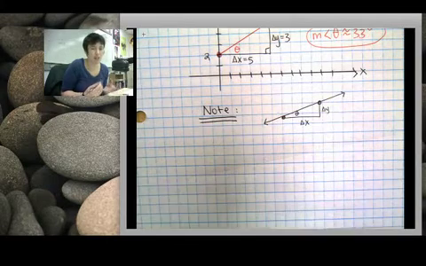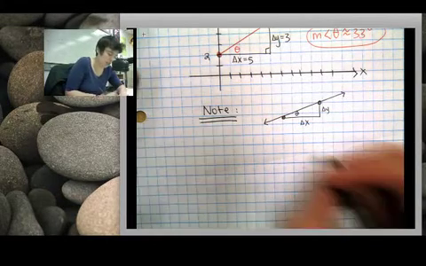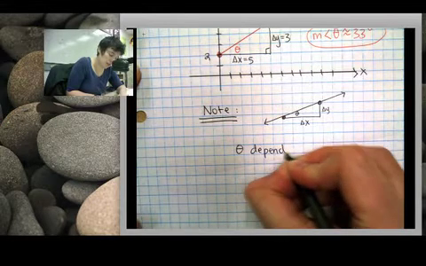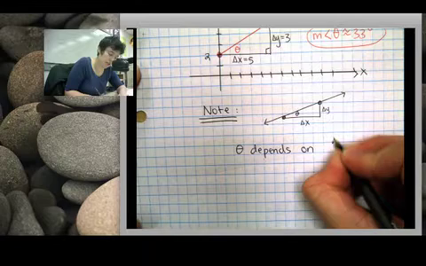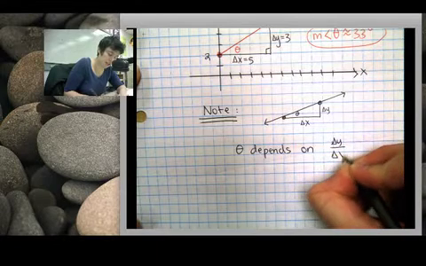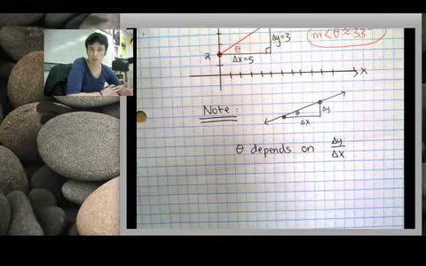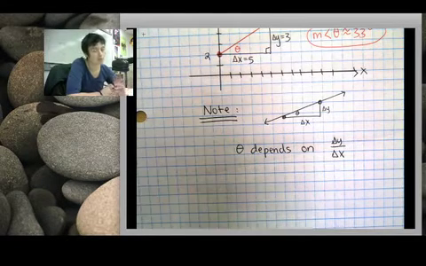They're related to each other in some way. So theta depends on delta y over delta x, the slope. Theta depends on slope. Bigger slope changes the angle. Smaller slope changes the angle.